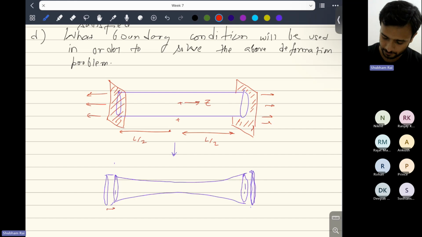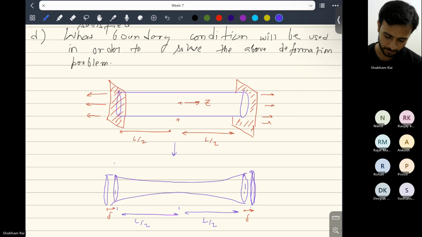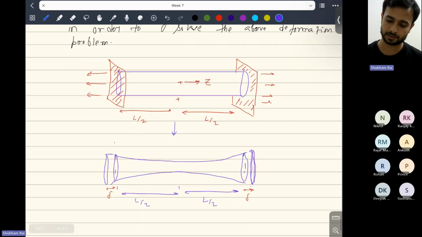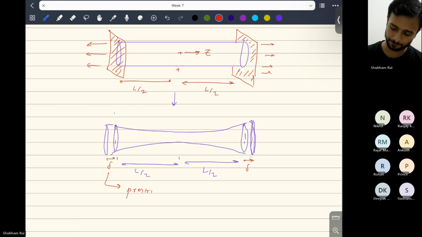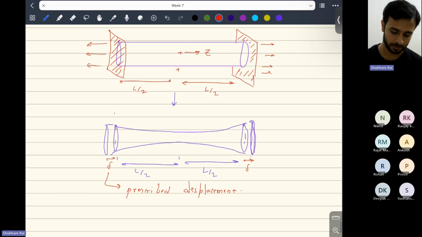This is known as delta amount of stretching from here, delta from here, and obviously this will be L by 2, and this is again L by 2. So we can say that this is the prescribed displacement, the amount with which you are stretching. So it is already defined, it is already known. Okay, it is prescribed.